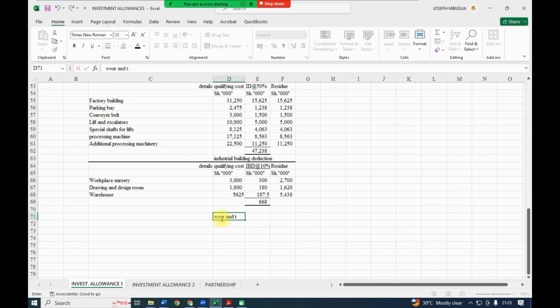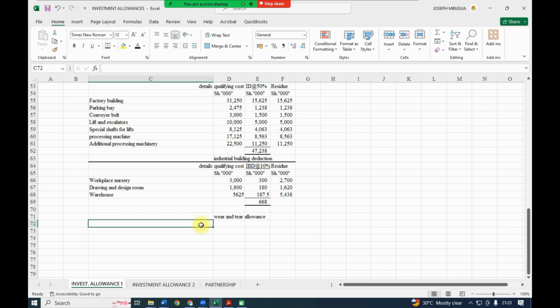Wear and tear allowance. So the same details and the qualifying cost. This one doesn't follow the same category.